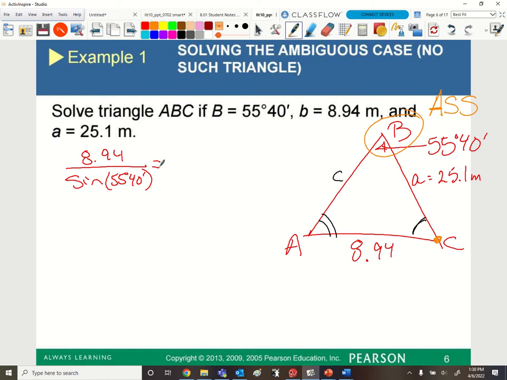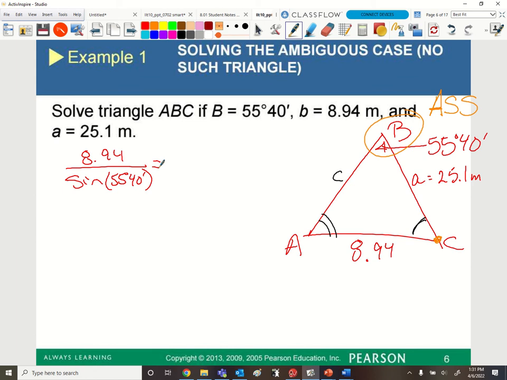Do I have side A? Do I have little a? That's very good. That's pointing out the important pieces. I have little a. I can solve for big A. But because I don't have little c and I don't have big C, both those together, I would have 2 variables here and it wouldn't help me out at all. So I'm going to use this to try and solve for big A.